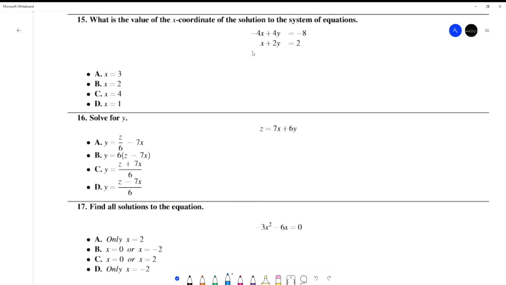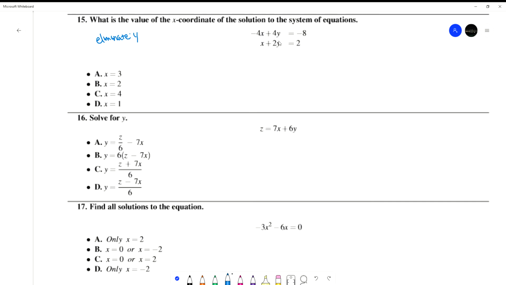We should determine which variable I want to cancel out. So you notice all my answer choices are x equals, right? So that means eliminate y, because my answer choices are x equals, right?